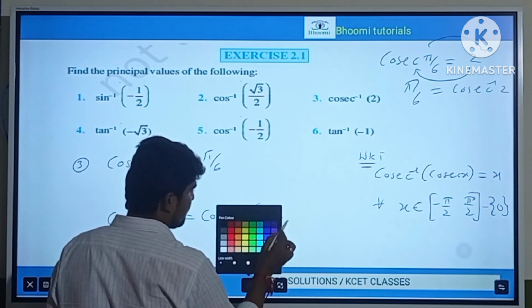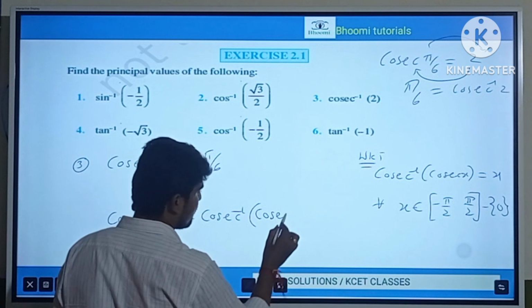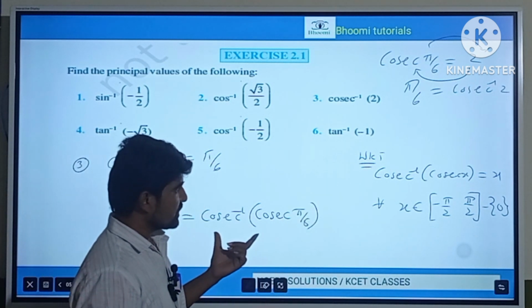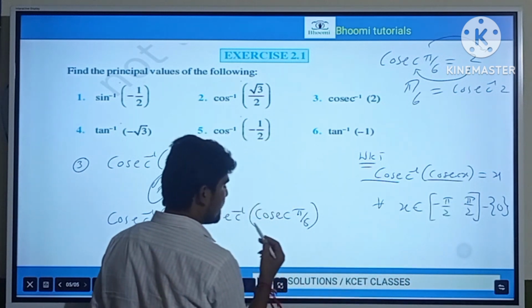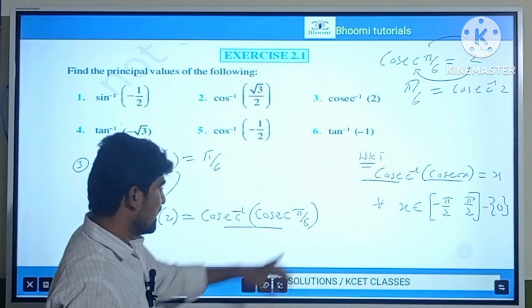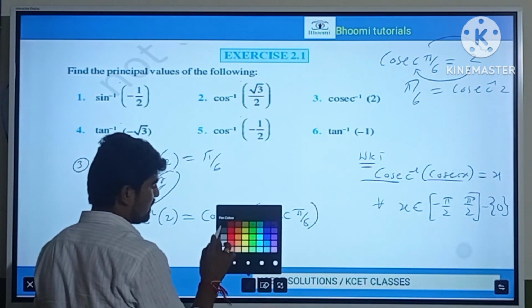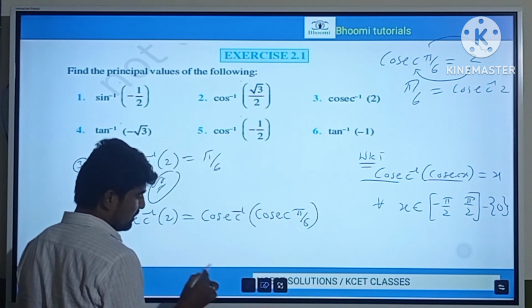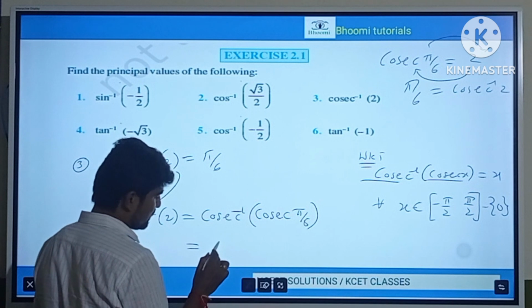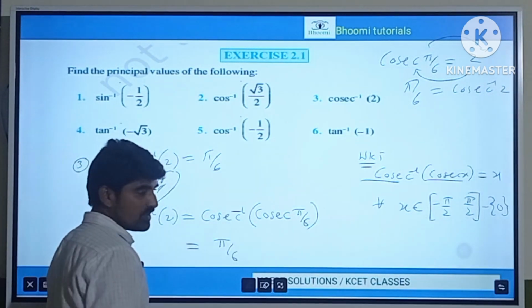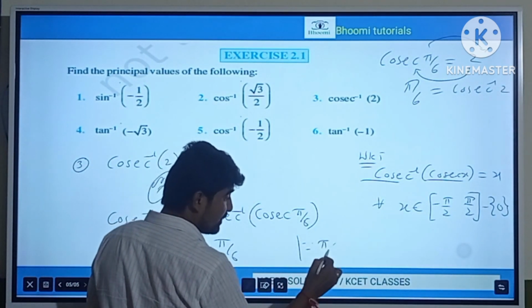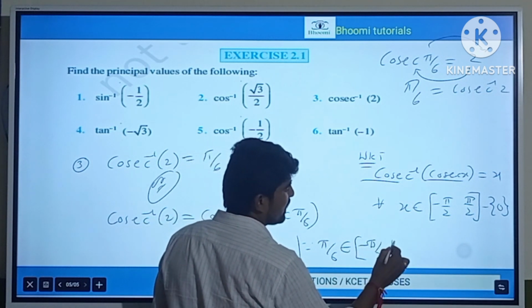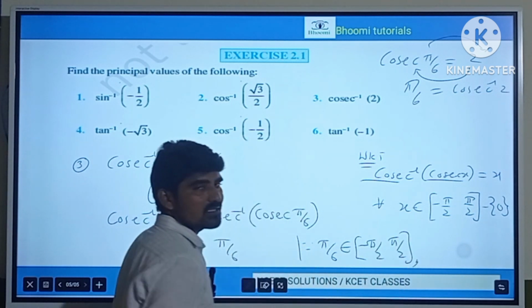Now it is of the form cosecant inverse of cosecant x, where x is 5 by 6. Therefore, cosecant inverse of cosecant 5 by 6 is equal to 5 by 6, because 5 by 6 belongs to the principal value branch of cosecant inverse x.